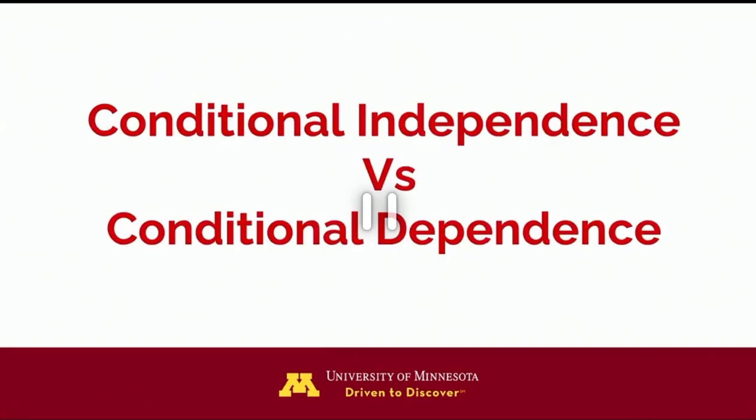I need you to pay attention. I want to differentiate between conditional independence and conditional dependence. Please pay attention. When I talk about conditional independence, initially a relationship exists between two variables.